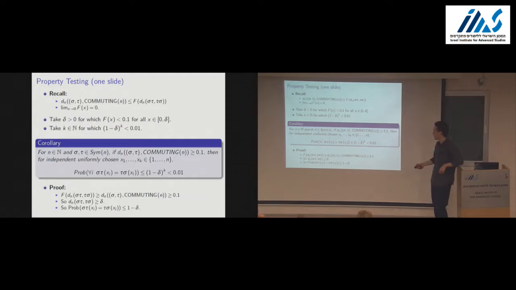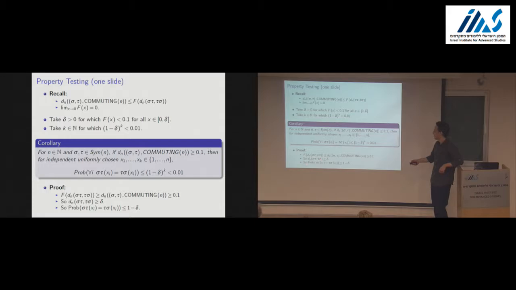So the proof is just: if the pair is far from the space of commuting permutations, then by the deep result, this distance to the space of commuting permutations is smaller than some function of the distance between sigma tau and tau sigma.